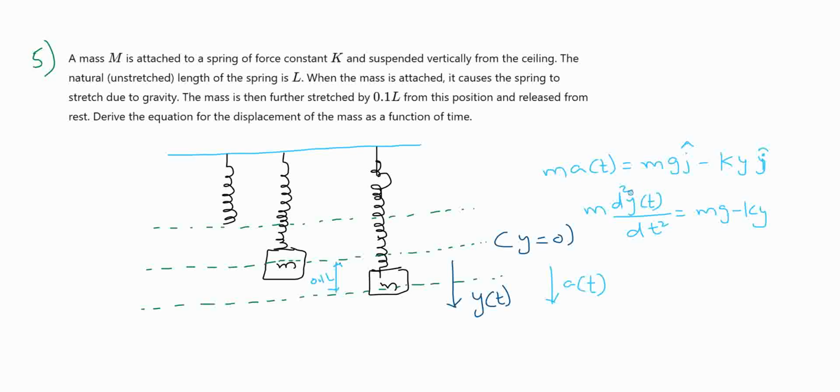Here also we have j cap. So everything is in one dimension, so there is no worrying about direction. Now this will reduce us to the differential equation d square y of t by dt square equal to g minus k by m y.